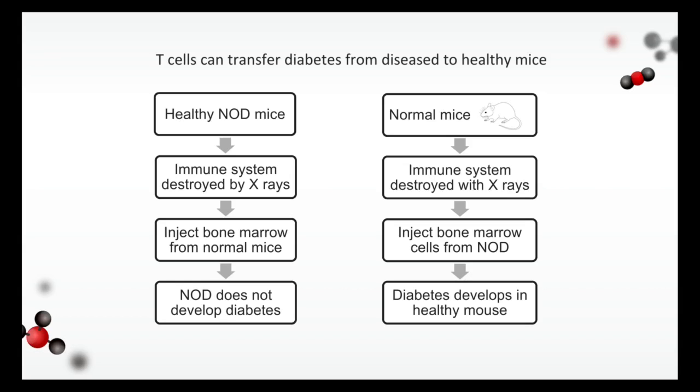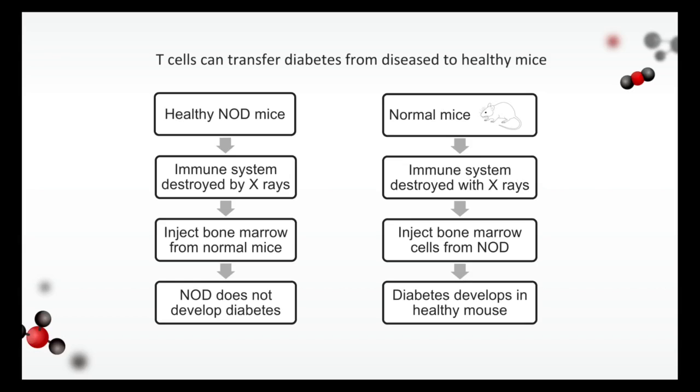But to help the animal survive, bone marrow from a normal, non-diabetic mice was injected into the healthy NOD mice. After injection, the resultant mouse did not possess diabetes, thus proving after destruction of autoreactive T cells, diabetes will be diminished. To further prove this theory, autoreactive T cells from NOD were injected into a normal, non-diabetic mice. Diabetes was seen in such mice.